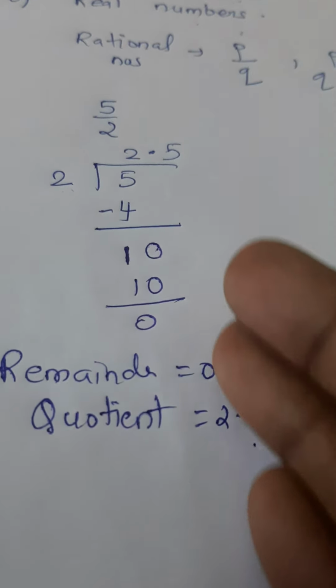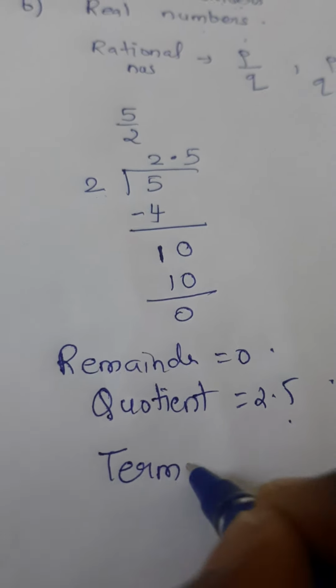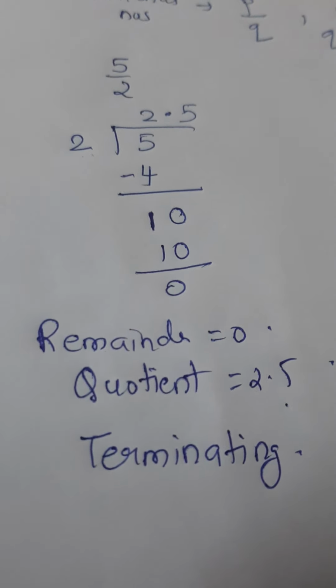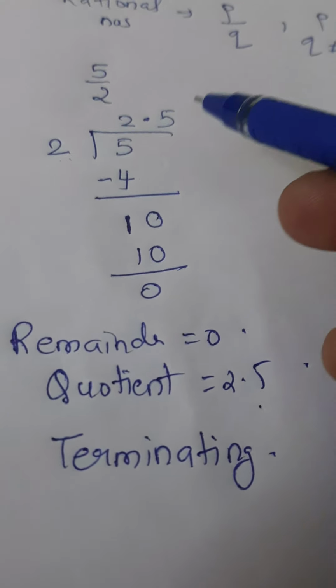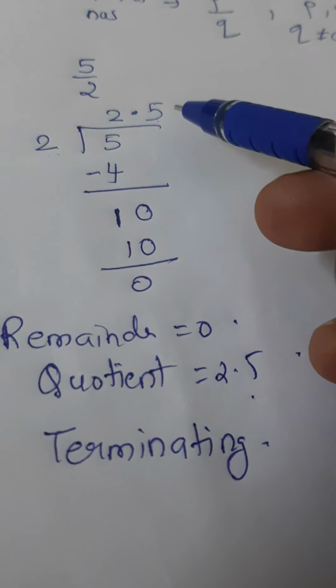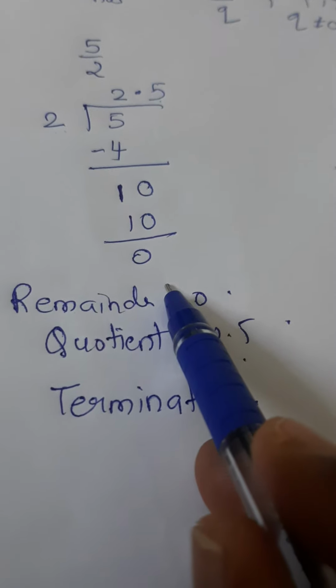So these types of decimal numbers are known as terminating decimals, where the decimal part of the number terminates at some point as well as the remainder becomes 0.